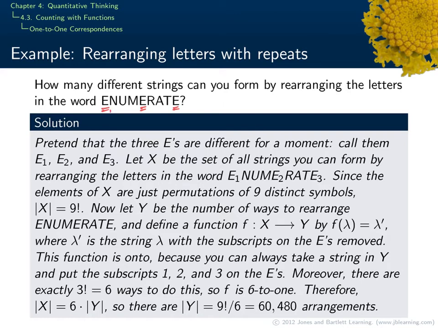So we're going to imagine that world, and in that world, all of the letters in the word enumerate are distinct. And since there are 9 letters, we can count the number of arrangements of this string just by computing 9 factorial. Right, that's P(9,9).